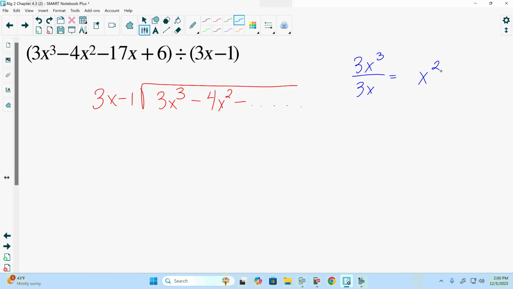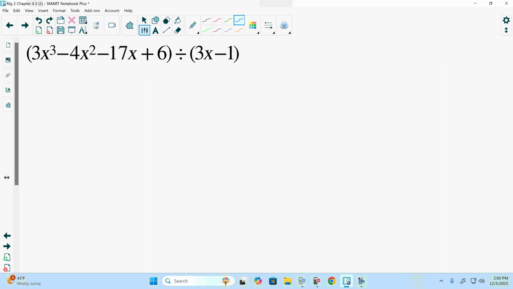So here's the thing with synthetic division. If the number in front of the variable with the biggest power that we're dividing by is a number other than 1, we have to divide the entire thing by that number. So since we have a 3 in front of this x, we have to divide both of those by 3.